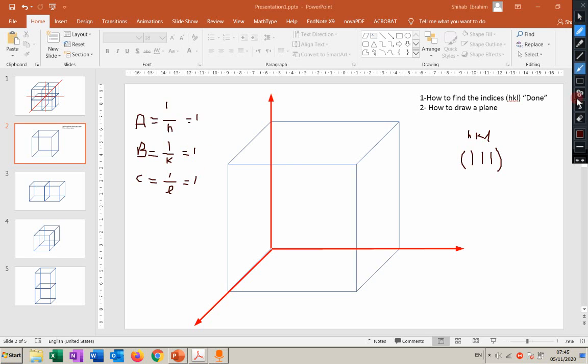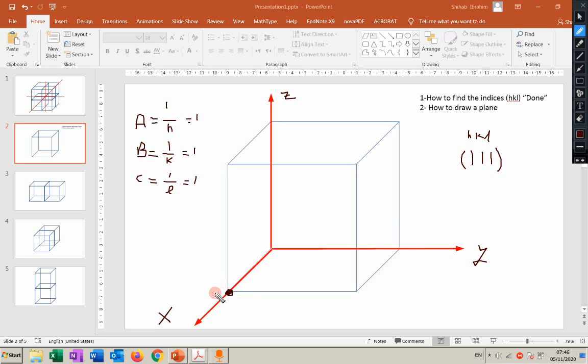Now we'll find the intercept with the x-axis, because we know this is the y-axis, this is the x-axis, and this is the z-axis. The intercept with the x-axis at 1 means it's going to intersect at this point here.